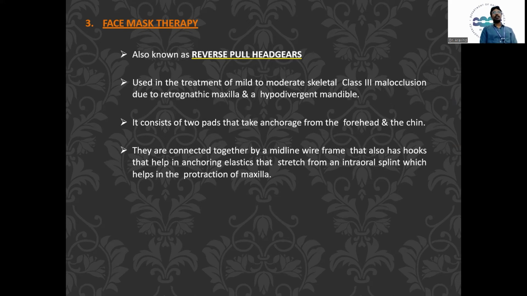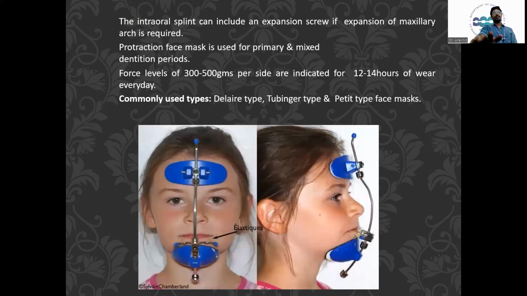In these hooks, we have elastics anchored, which stretch from a maxillary intraoral splint, which helps in the protraction of the maxilla. So there will be a forward and downward growth of the maxilla once this reverse headgear is given. As you can see in the picture below, this is a photo of a face mask or a reverse headgear.